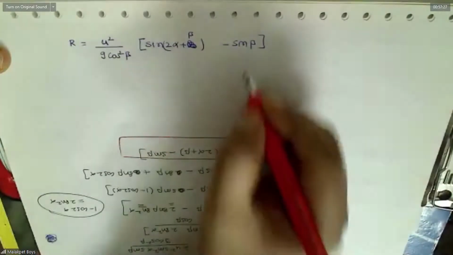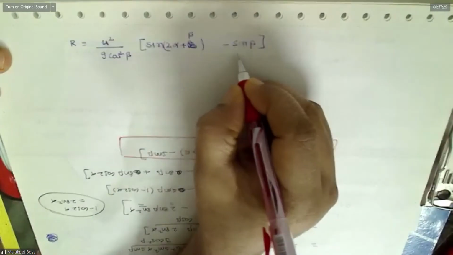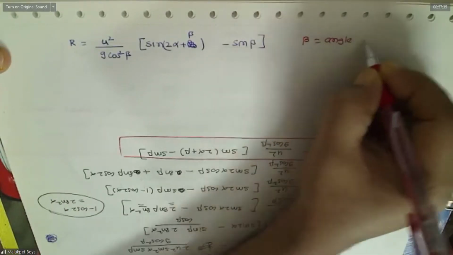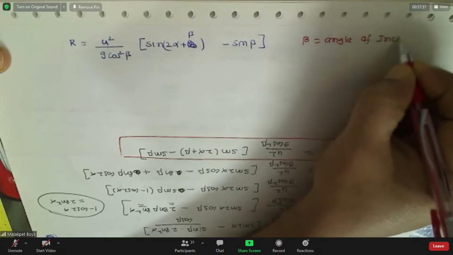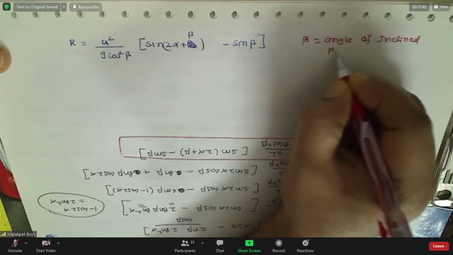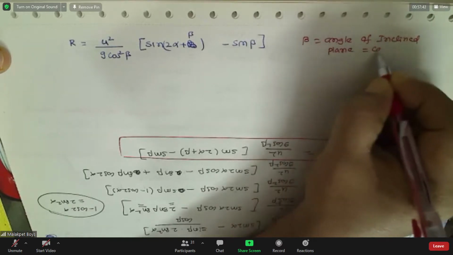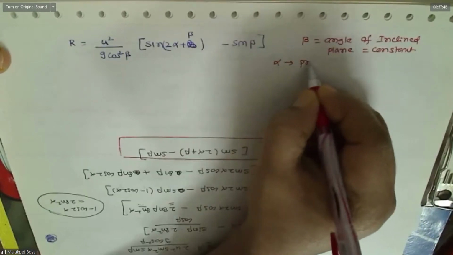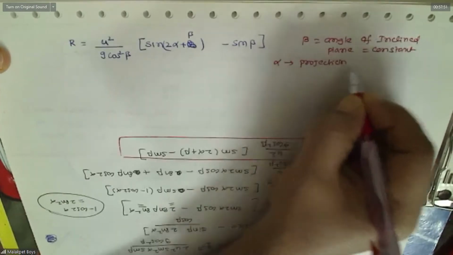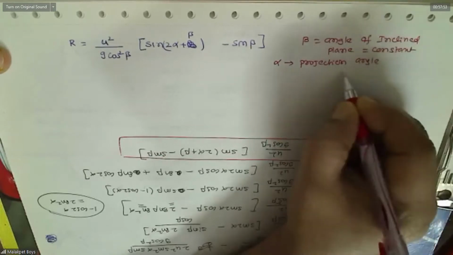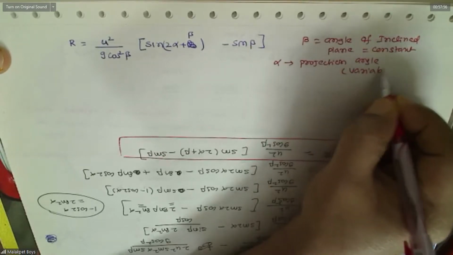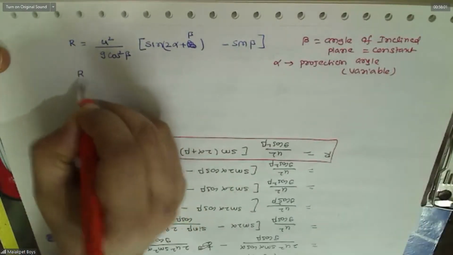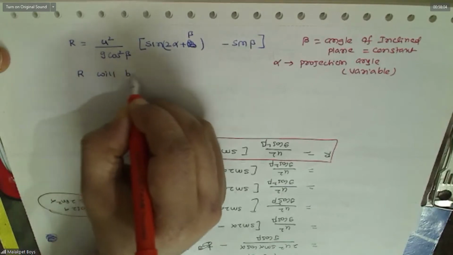Now in this you can see this is constant, no? Beta is constant. Then what will be variable? This is variable, no? Because you can project at any angle, no? Am I right or not? So here you can see that R will be maximum.